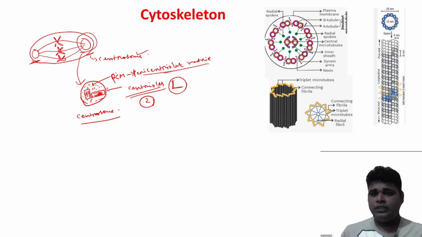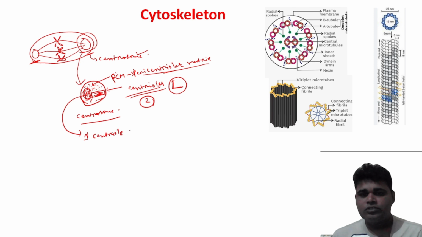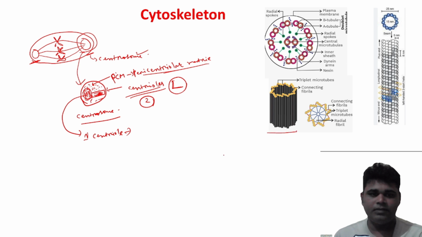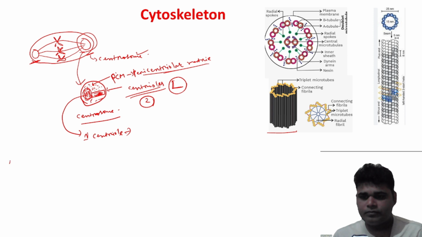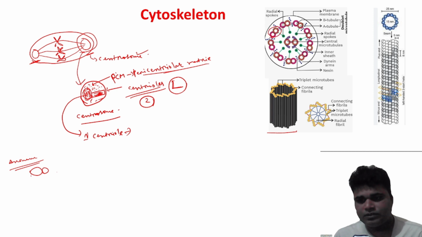Now if we look at the centriole structure, let us suppose this is one centriole. In the axoneme, the structure looks like this. One tube is joined to another tube.